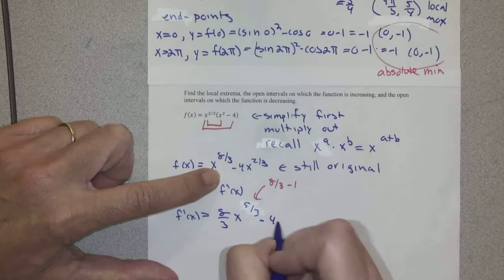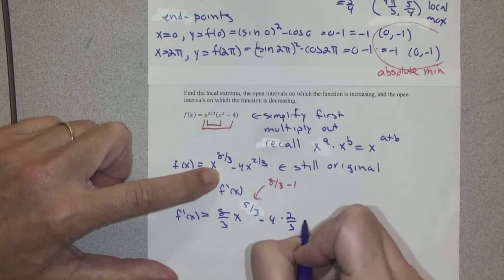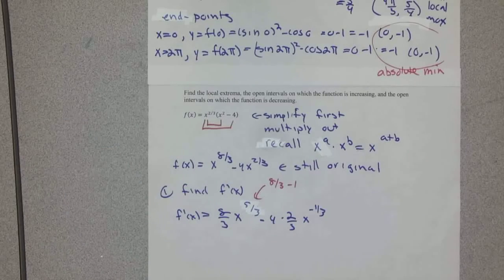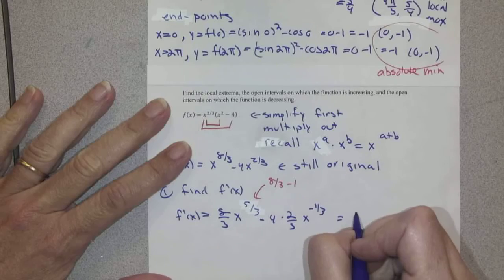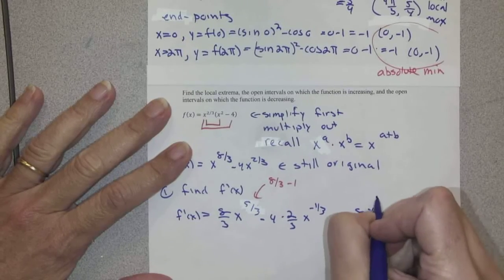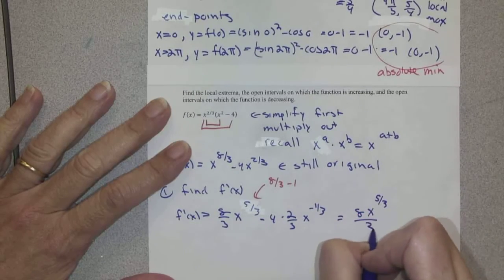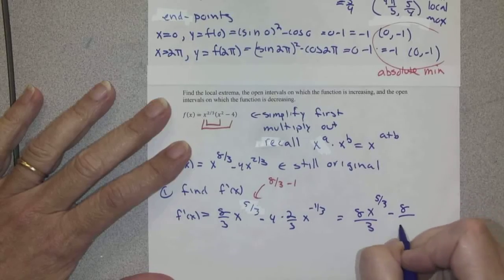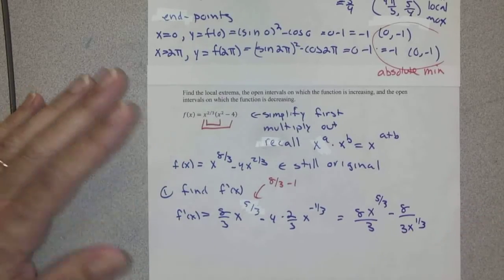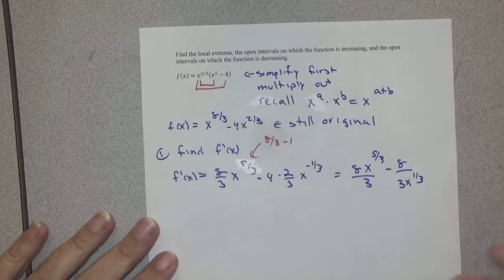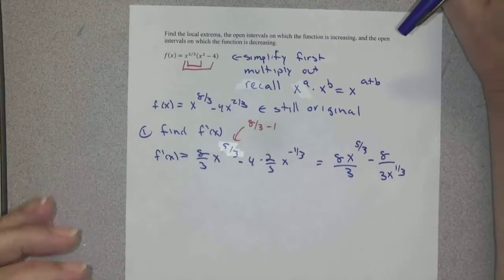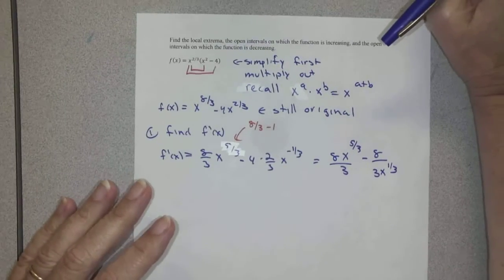Then the 4 hangs out, multiply by the exponent, decrease the exponent by 1. And let's just make that look a little prettier. So that's 8x to the 5/3 over 3 minus 8 over 3x to the 1/3. And there's my derivative. Check your derivative twice, because if your derivative's wrong, everything else is going to be wrong.